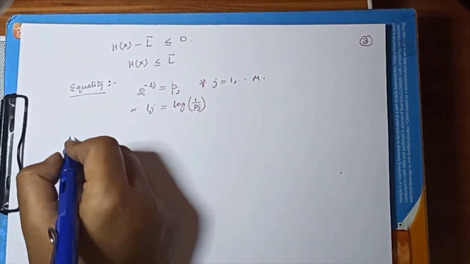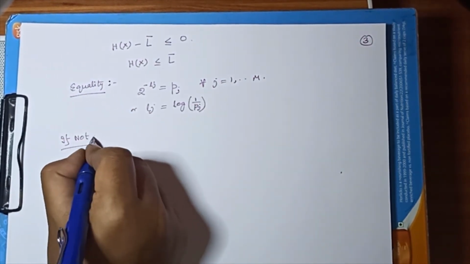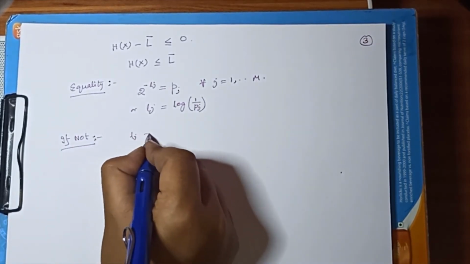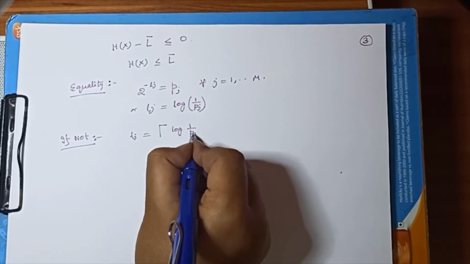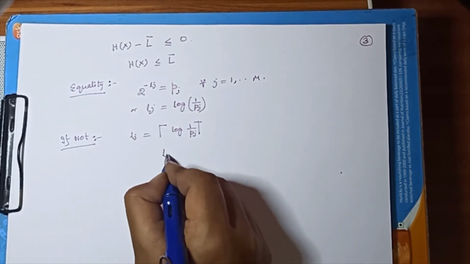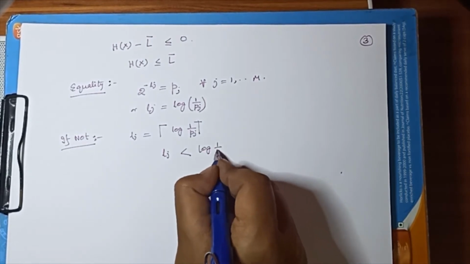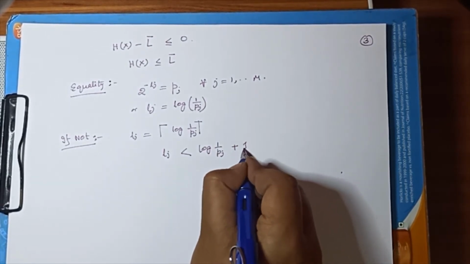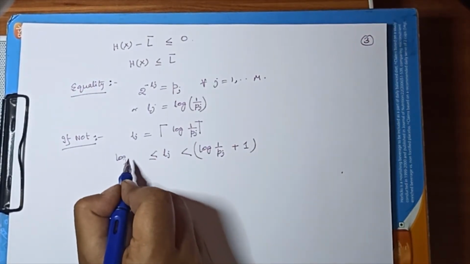Now if this is not the case, then I can assign Lj to be the ceiling of log 1 by Pj. If that is a fraction, not an integer, then I can assign the ceiling. So I can write Lj to be less than log 1 by Pj plus 1 and greater than or equal to log 1 by Pj.